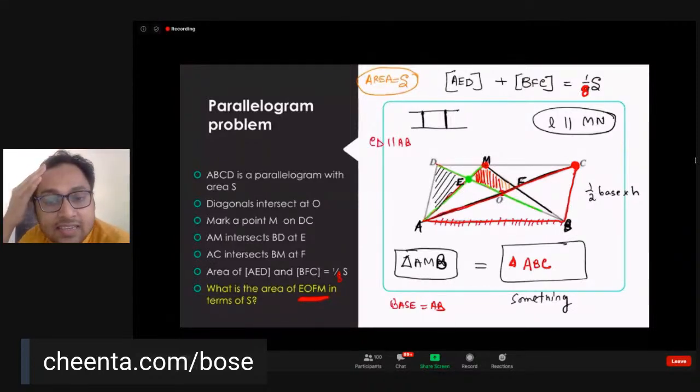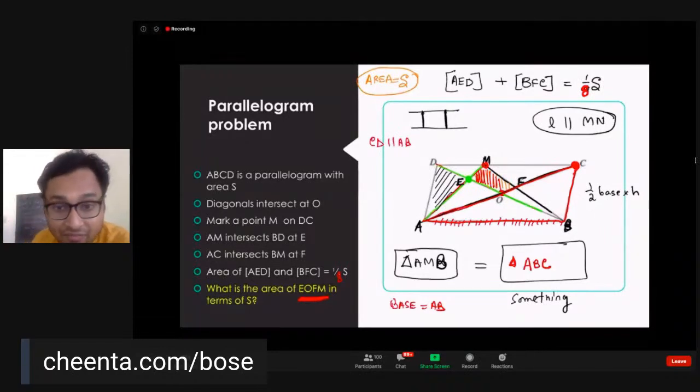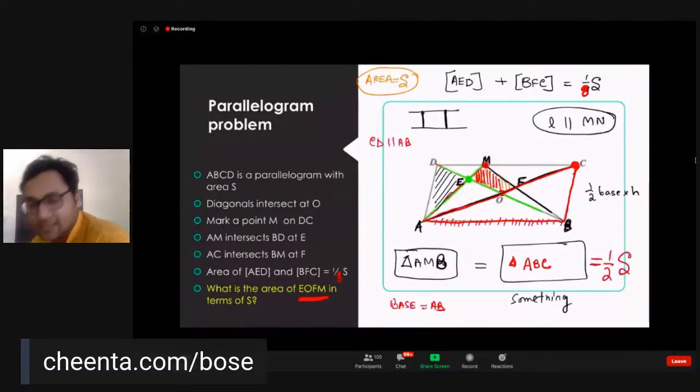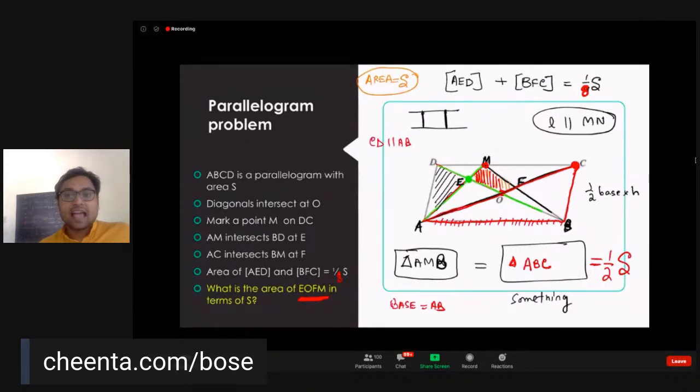Exactly, it is half of S. You can have this intuition that the diagonals divide the parallelogram into two equal parts, and each of those parts has the same area. So it's one half of S, sorry. Each of these pieces is one half of S.